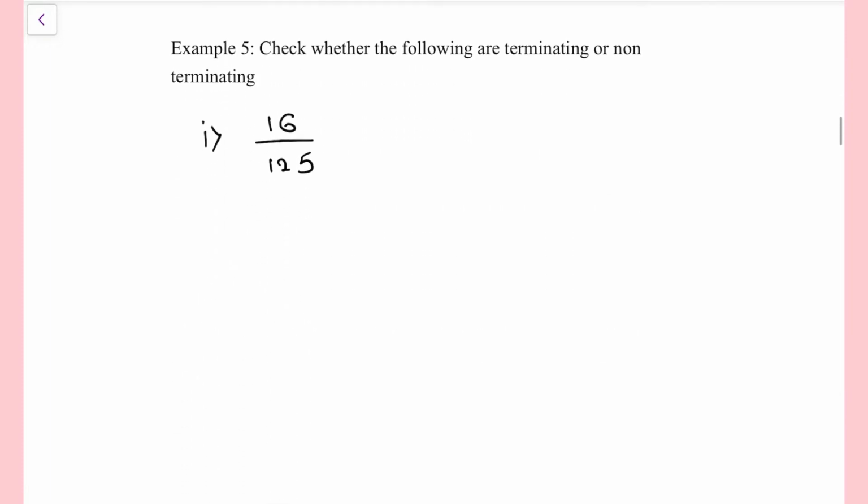Next question. Check whether the following are terminating or non-terminating repeating type of decimal. How do we decide whether a given rational number has a terminating decimal or a non-terminating repeating type of decimal? If the denominator is in the form of 2 power n into 5 power m, I repeat, if the denominator is in the form of 2 power n into 5 power m, then the rational number has a terminating decimal, otherwise non-terminating repeating type of decimal.